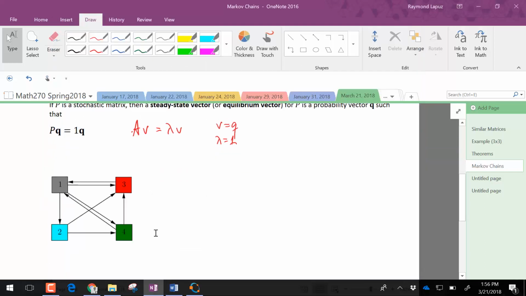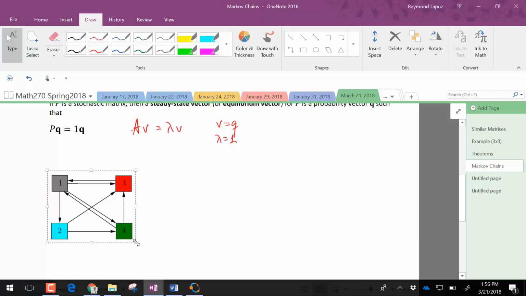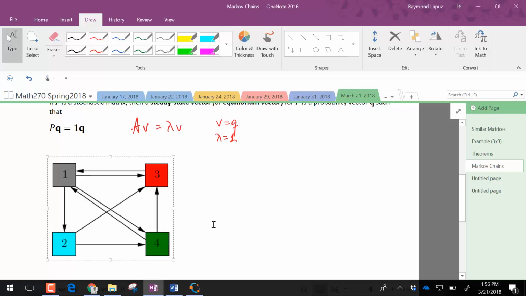Back in simpler times, the web only had a small number of pages. Let's say we have 4 pages, and the arrows describe linking to other pages.